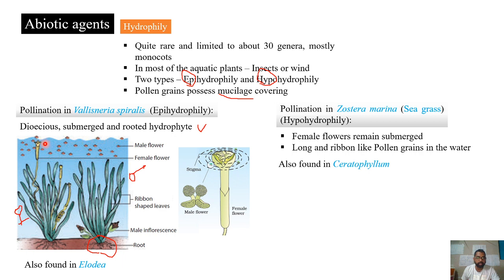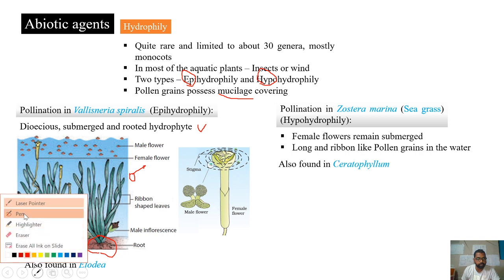Now this female flower's structure possesses some crevices, some kind of structures which can trap the male flowers. So the female flower consists of structures which are able to trap the male flowers.